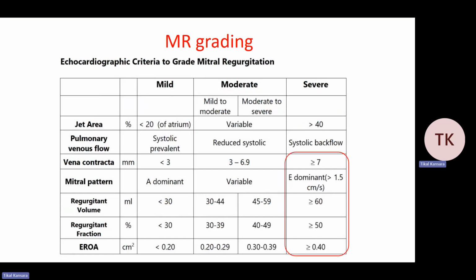So I know it will be hard to remember. Why that is important is because a lot of the time we have this tendency to measure PISA, right? He's going to, I'm sure, talk some more about it. So let's say you have a late systolic MR, look at the PISA. PISA may come out like 1 centimeter diameter. But if it's a very late systolic, you will see the volume is not going to be 60.